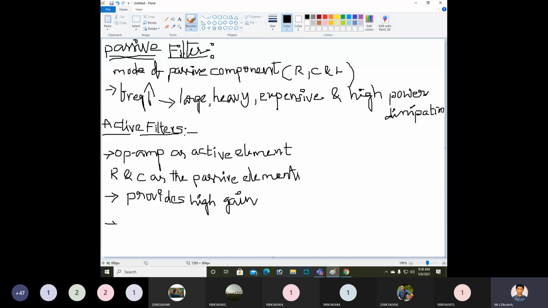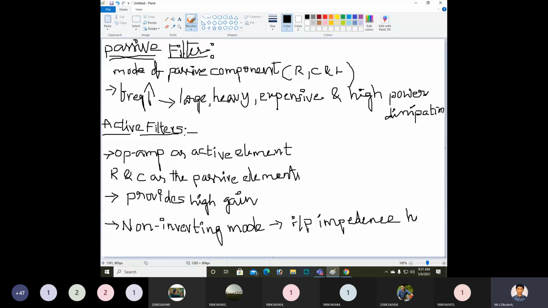If the op-amp is in non-inverting mode, the input impedance is high.